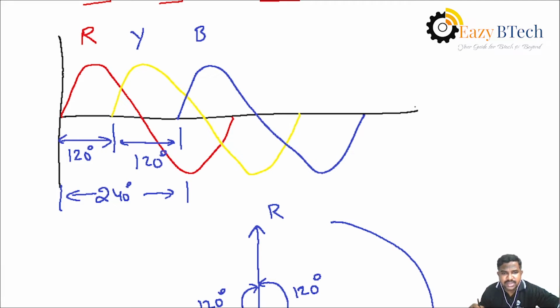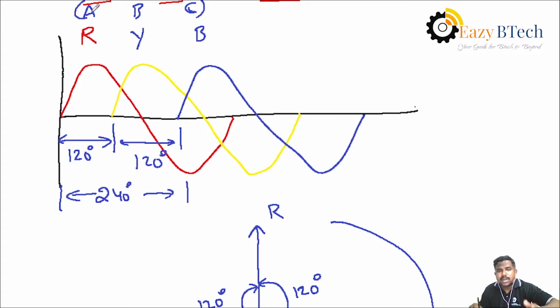The three phases are R, Y, B, or you can also represent the three phases in the form of A, B, C. The phase sequence is nothing but the sequential order in which all three phases reach the maximum or peak value.